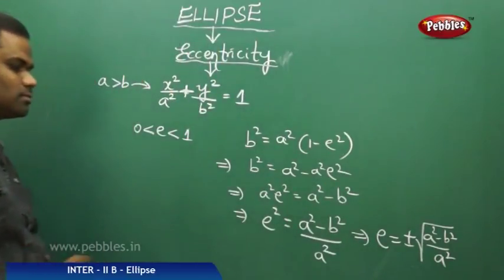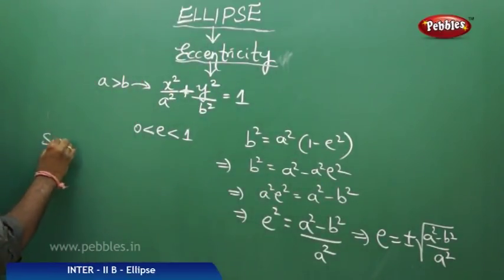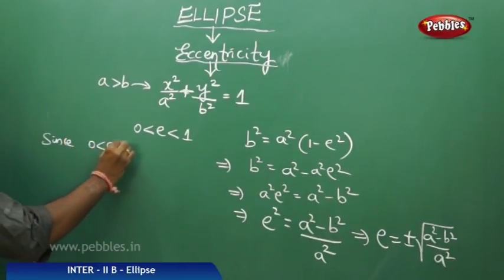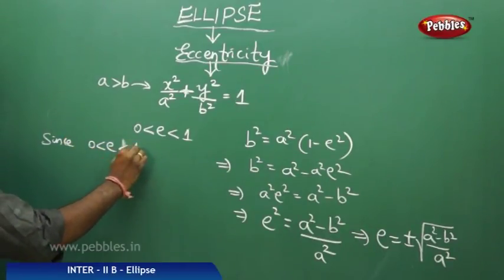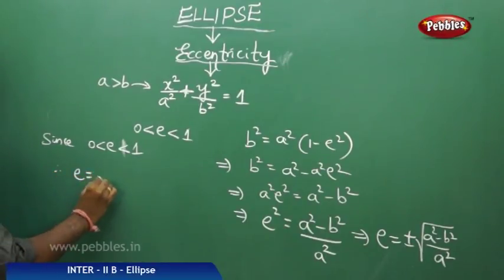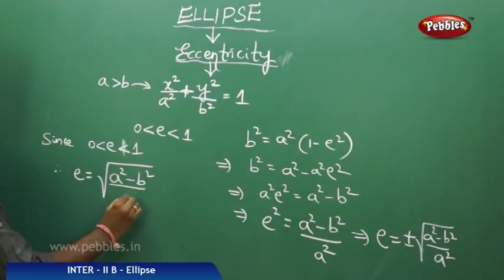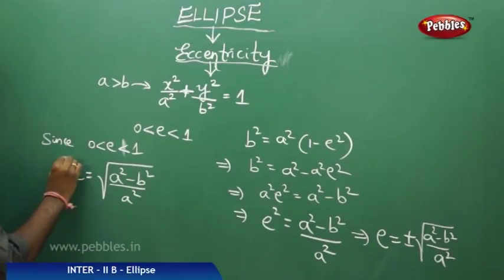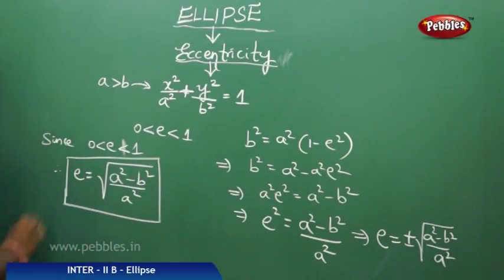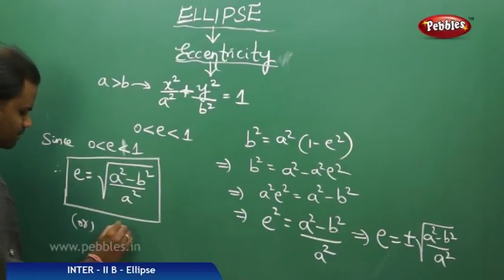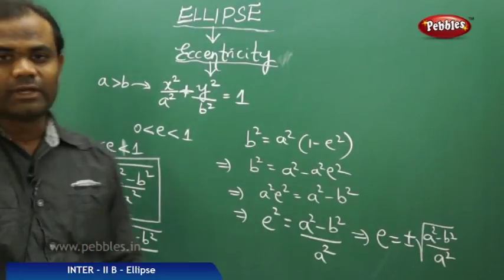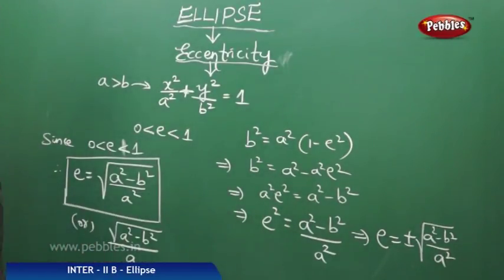I do not take the plus minus value because e lies between 0 and 1, therefore e is the positive root of (a square minus b square) by a square. This is what we get as the eccentricity of the ellipse, or it can also be written as root of (a square minus b square) by a.